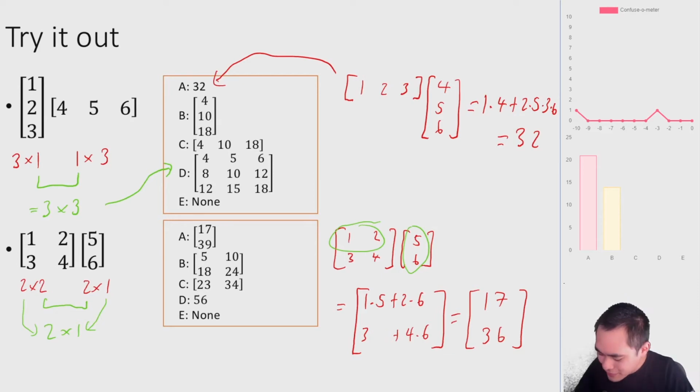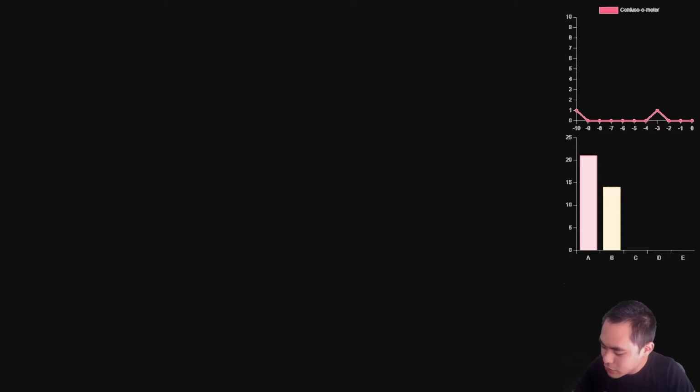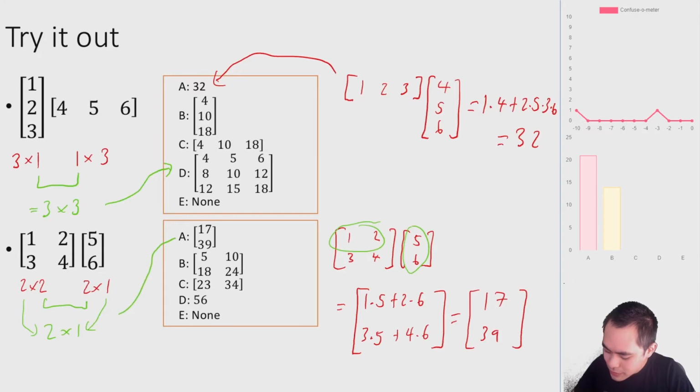So everyone makes math mistakes. That's 15 plus 24, so that is 39. And so the correct answer is A here. Okay, so hopefully that was all clear.